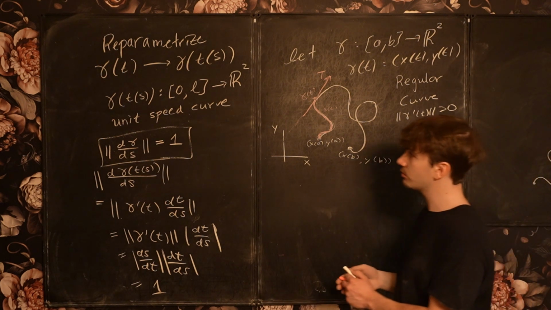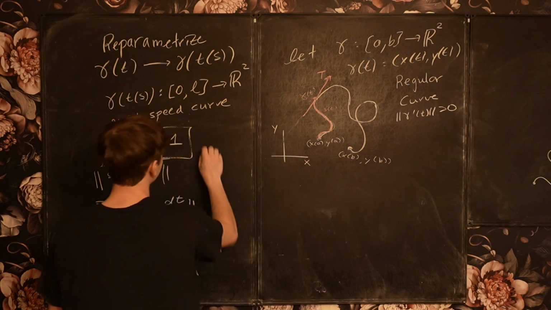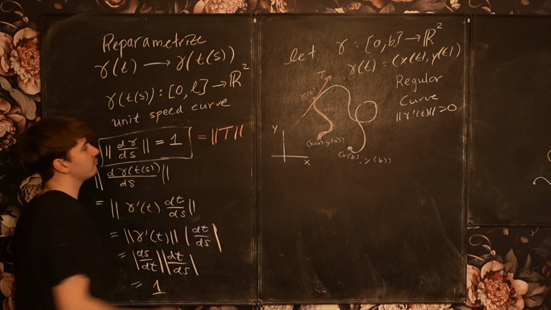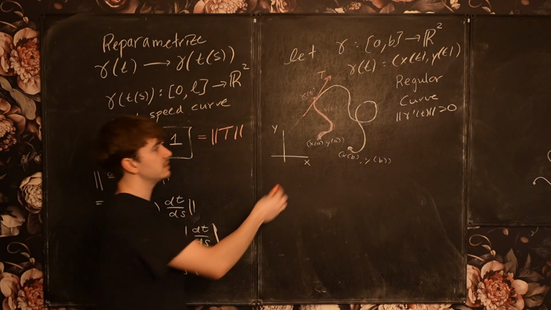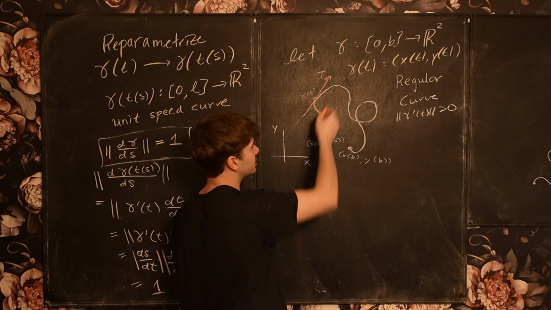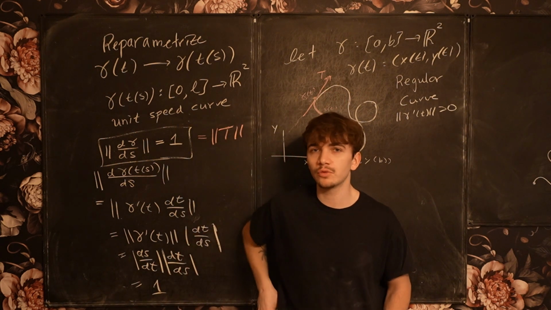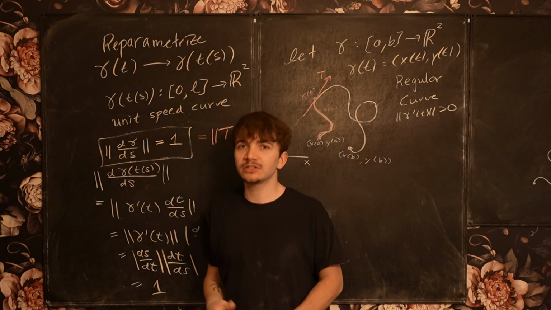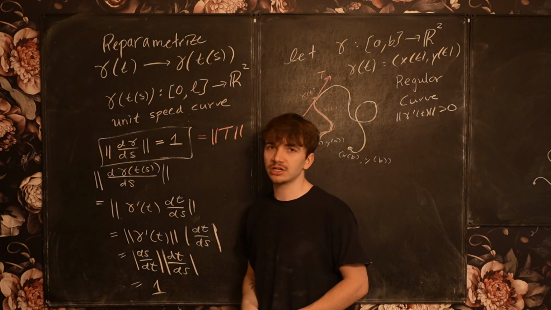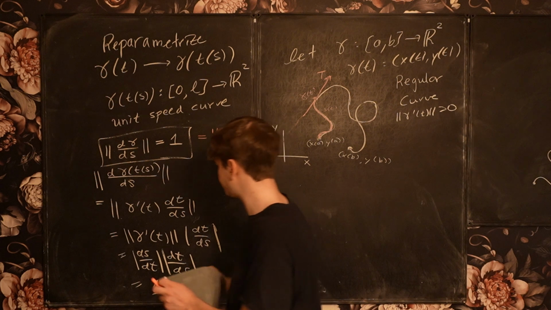The norm of the tangent vector is 1 everywhere. So the tangent vector is of constant magnitude equal to 1, and it's only changing direction. And now we can study the way that the direction of the tangent vector changes, in order to gain a notion of the curvature of the plane curve.